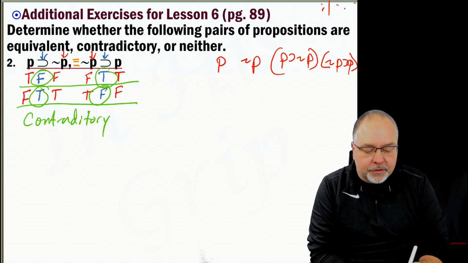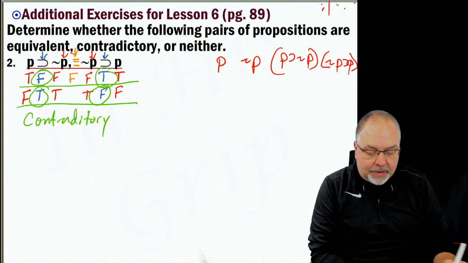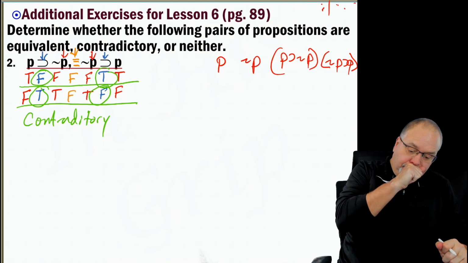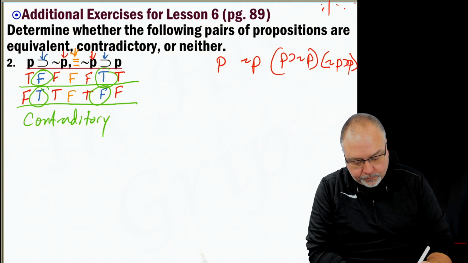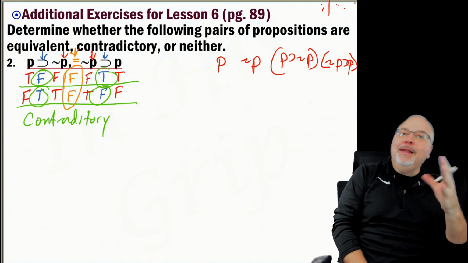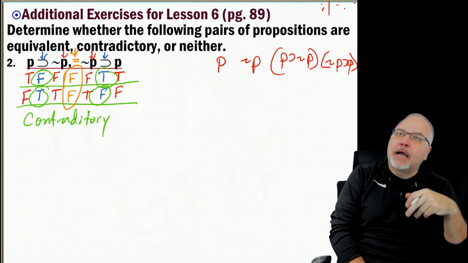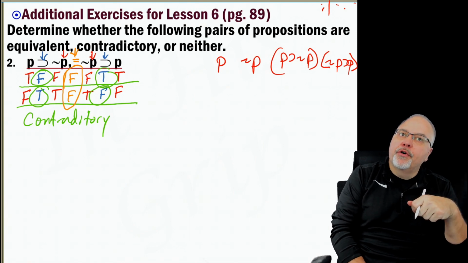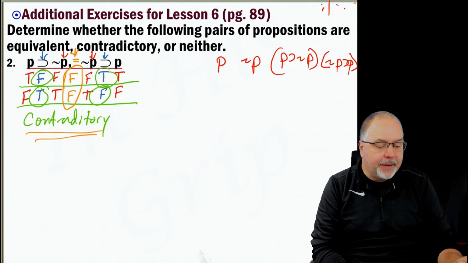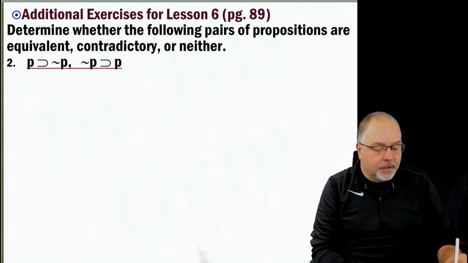The biconditional values of these would be false, because under the biconditional, false and false, they don't agree. Both lines are contradictory, and so they're both false, and that's what makes this contradictory. Okay, you guys can try the other ones. Let's keep moving along though.